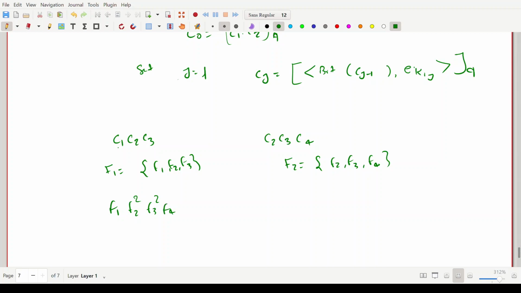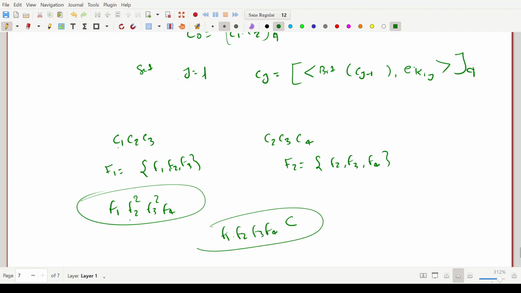This was the joint secret key in the earlier case. What I am going to do, I am going to multiply the ciphertext, the product of these two, with the evaluation key of F2 and evaluation key of F3. That will reduce your ciphertext into a new ciphertext which can be decrypted just by F1, F2, F3, F4. This will be just enough if you multiply with the evaluation key of F2 and F3.